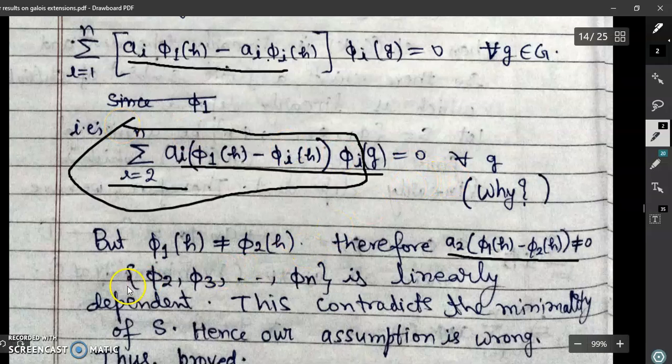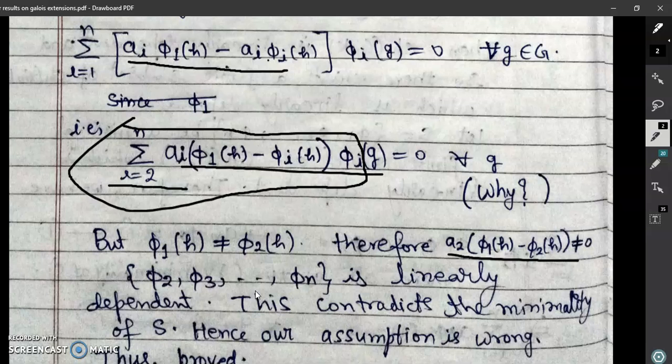So from this expression we observe that this is a linearly dependent set, but no subset of S is linearly dependent because S is a minimal dependent subset. It means we have a contradiction. Hence, our assumption is wrong.